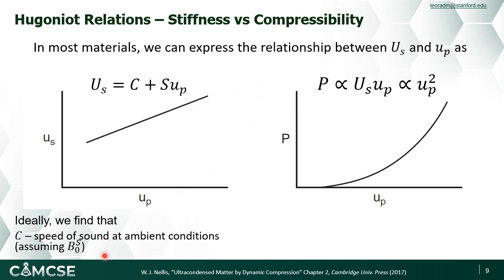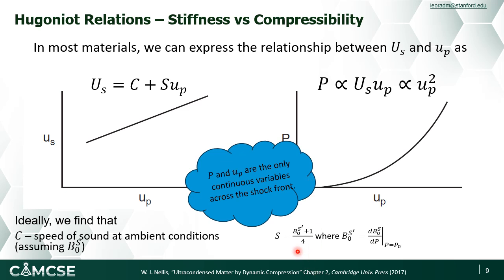So ideally, we would find, as I mentioned before, that the speed of sound at ambient conditions, assuming this bulk modulus, or the isentropic bulk modulus at ambient conditions, would be the value of C. And we would find that, based on that, the S term that we're using to define this constant here takes this form.